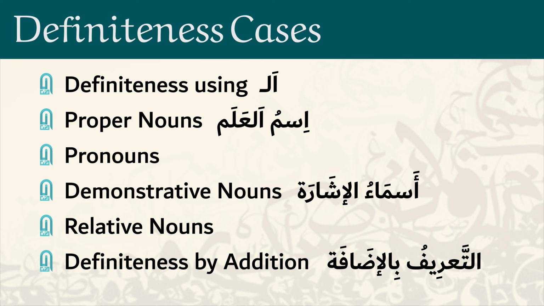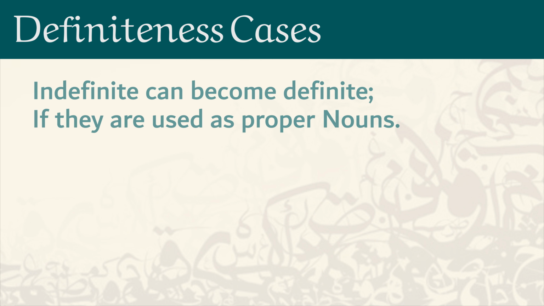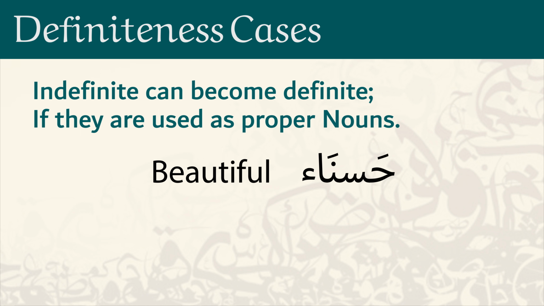All remaining types of nouns, adjectives, adverbs, ideas or abstracts are indefinite by default unless we add Al to them. And I need to mention something here. Some indefinite nouns can be used as proper nouns for persons' names, like حسناء. This is an adjective means beautiful for feminine, and it is indefinite.